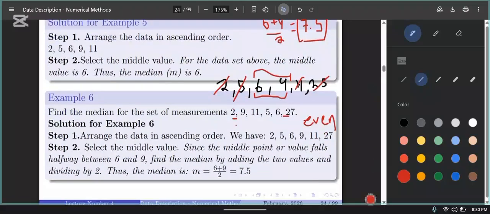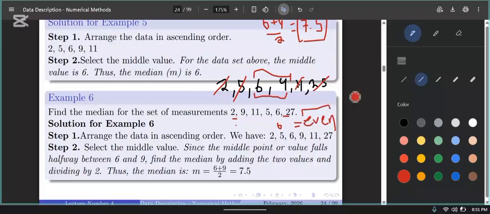So I was saying that if you count the numbers here, 1, 2, 3, 4, 5, 6, and 6 is an even number, it means that for this one, the middle value, there will be two numbers. This is why we find the two numbers on the middle. So if the total numbers gives you an even number, in the middle there will be two values.